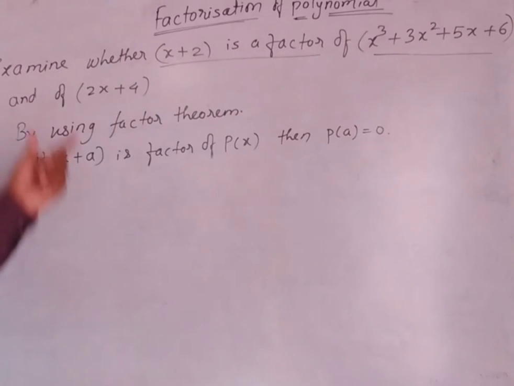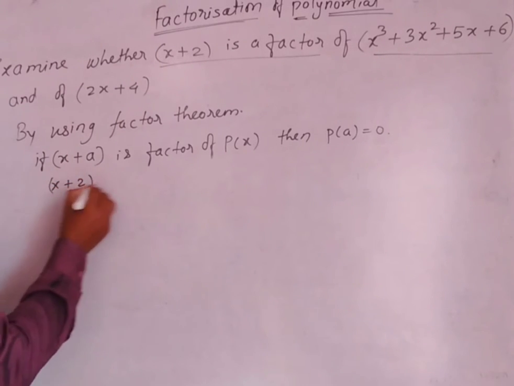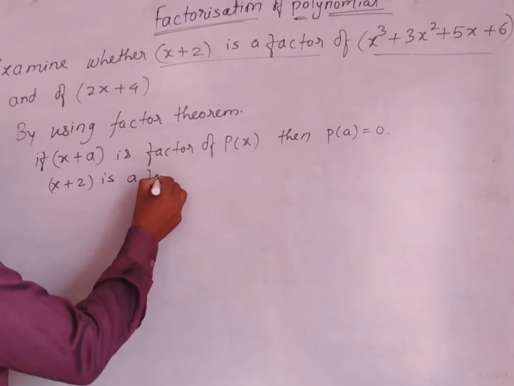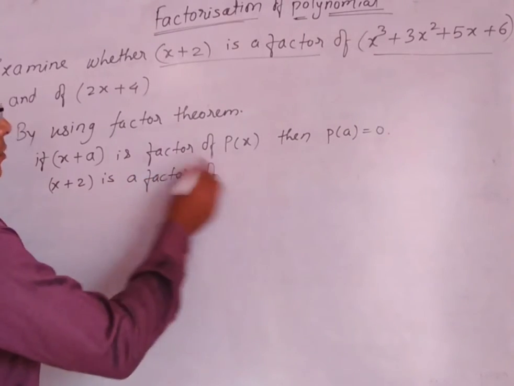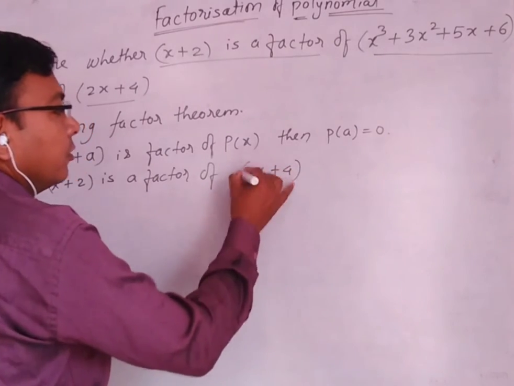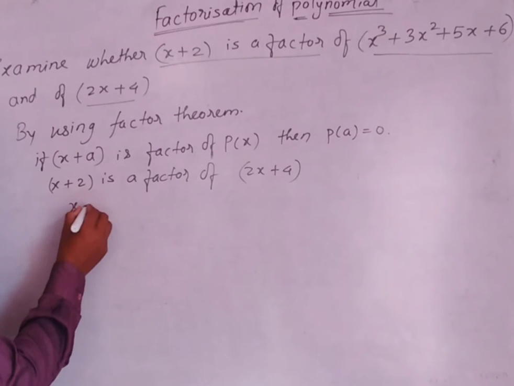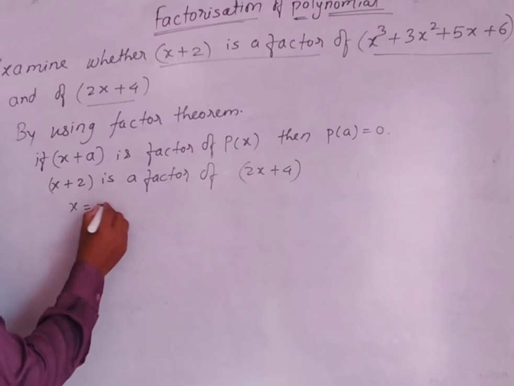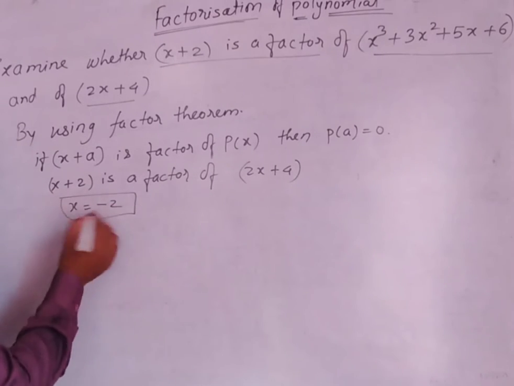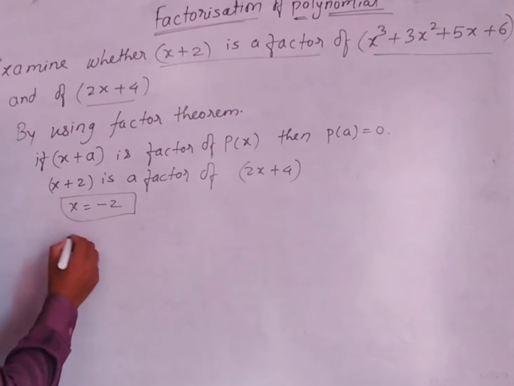Now second, x plus 2 is a factor of 2x plus 4. So x plus 2 equal to 0, x equal to minus 2. So put this value in the polynomial.